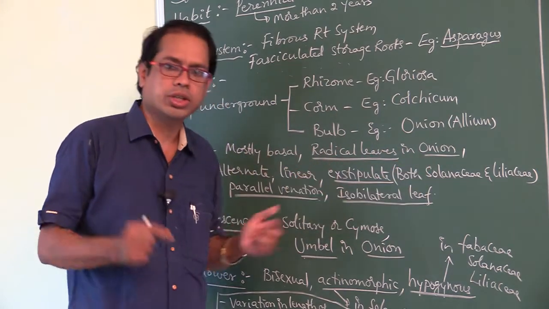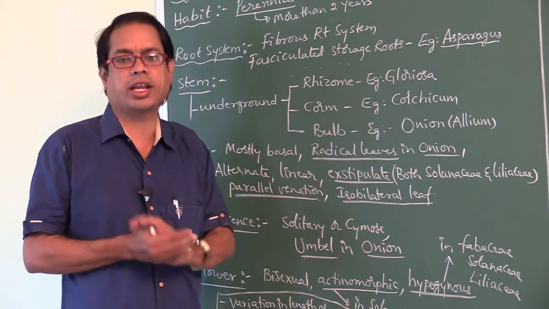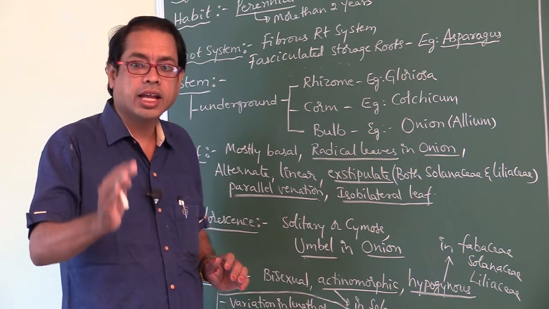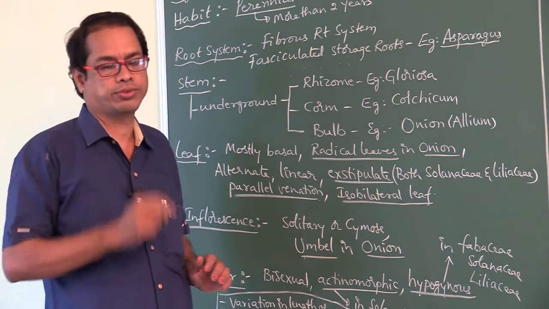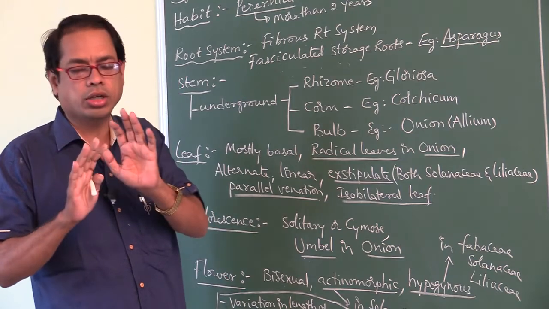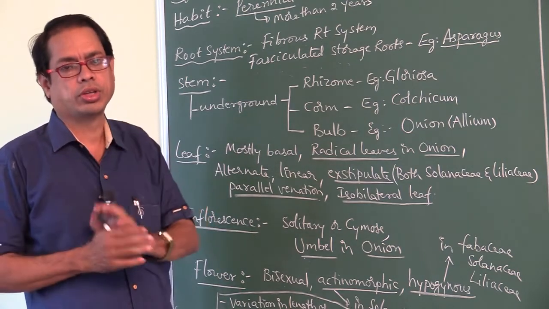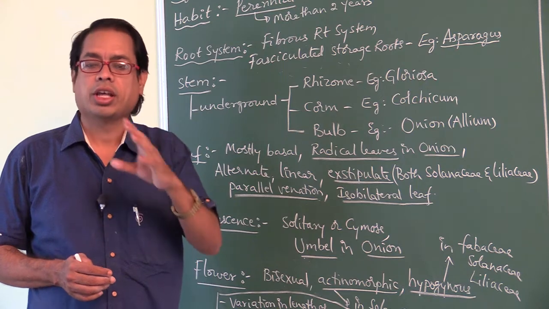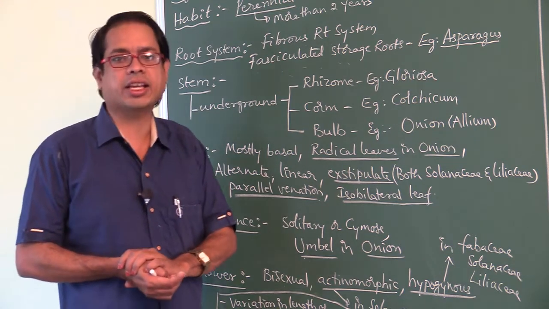What are radical leaves? The leaves which are concentrically arranged, and which appear to be developing from the roots, but are not truly developed from the roots. Why? Because here the stem is very much reduced into a disc-like structure.